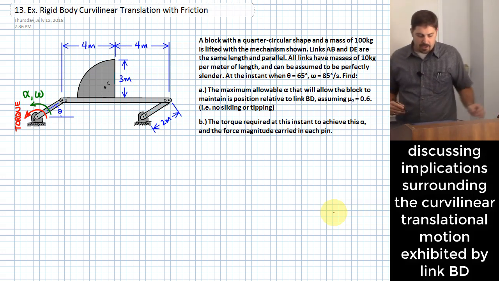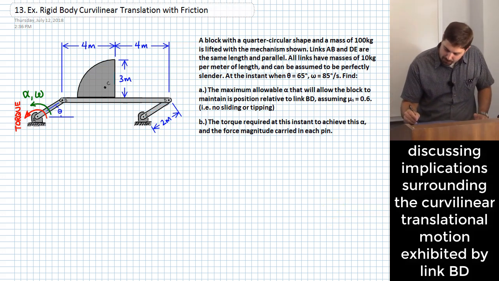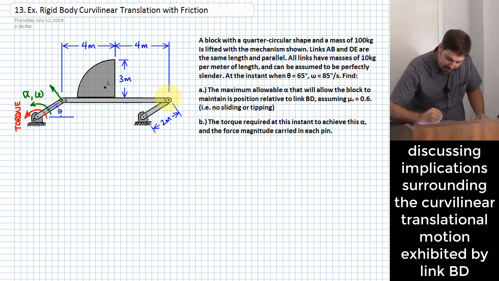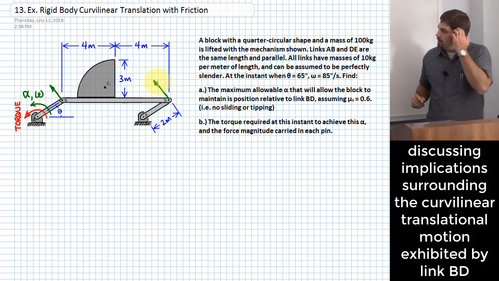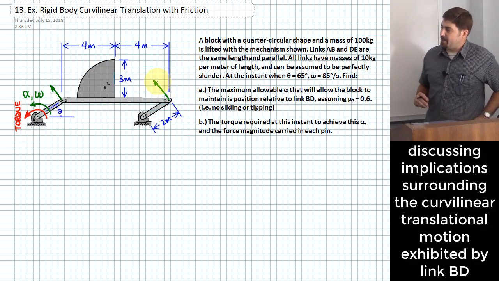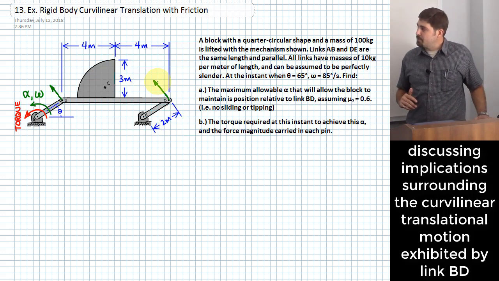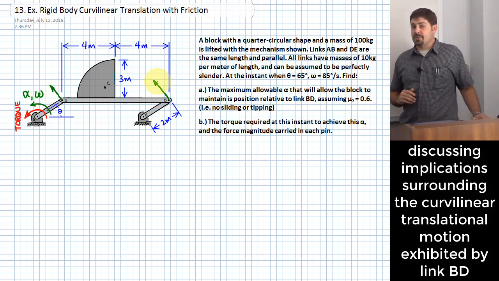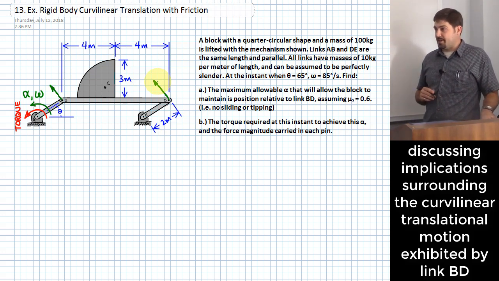Because of that, whatever velocity I have of B, it had better be perpendicular to the orientation of the link itself. And because those two links are the same length and they are parallel, those two velocities are going to be parallel. And if those two velocities are parallel, that means that we have a pure translation.